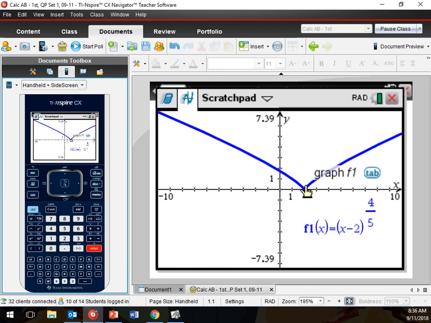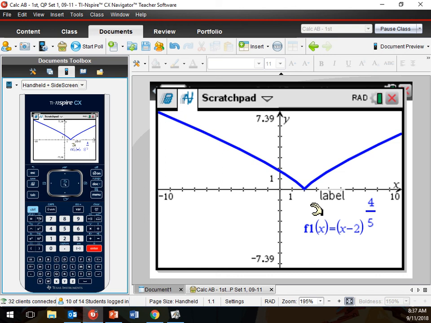Now, if we're looking at this, we're looking at the slope of the line on the left-hand side, because remember, derivative always has to do with the slope. The left-hand side over here, and then the right-hand side at 2 over there. I can come to the left-hand side of this and find the slope, and the right-hand side and find the slope.